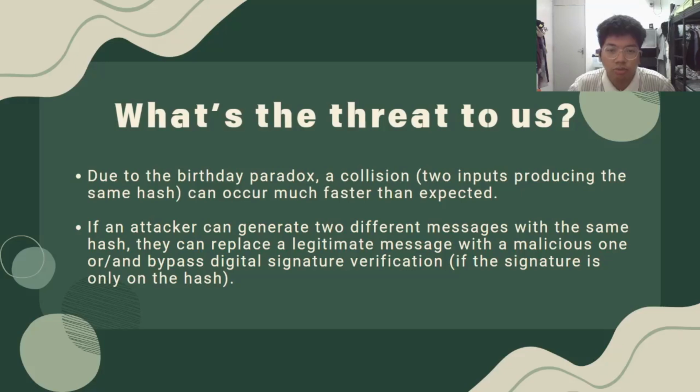So what's the threat to us? Due to the birthday paradox, a collision, two inputs producing the same hash, can occur much faster than expected. If an attacker can generate two different messages with the same hash, they can replace a legitimate message with a malicious one and bypass digital signature verification.